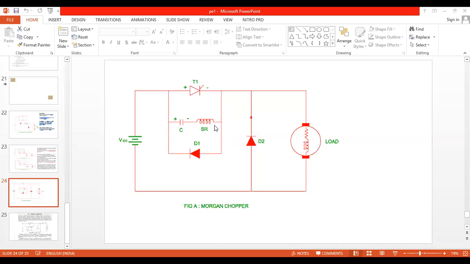Now we enter case 5, which is about the capacitor discharging once again. The discharging path is from C plus to SR, and from SR to T1.